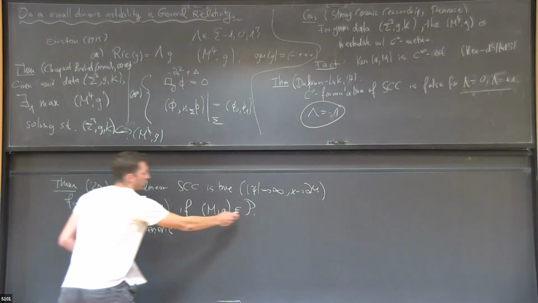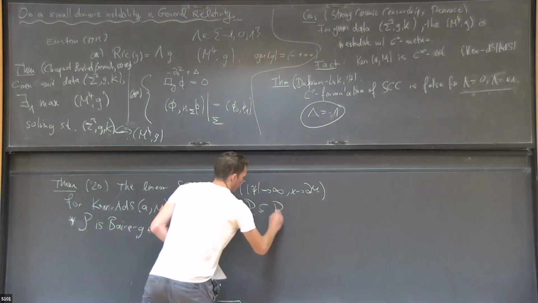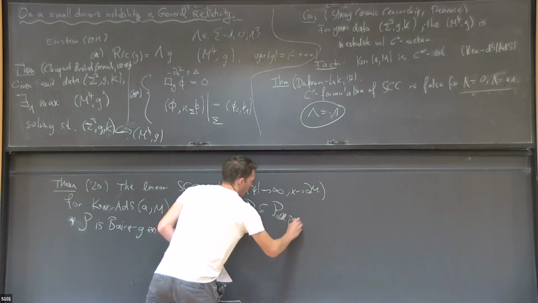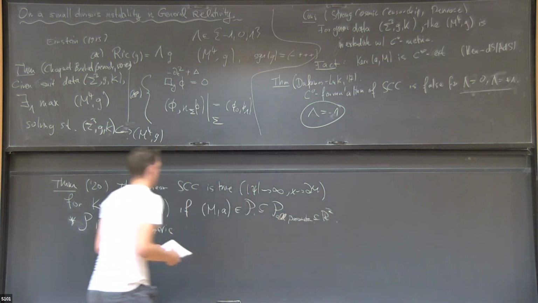P is a subset of R2. It's not the whole of R2, but rather, in some sense, all possible parameters. One can study this.